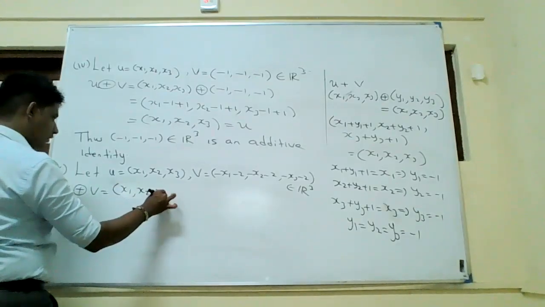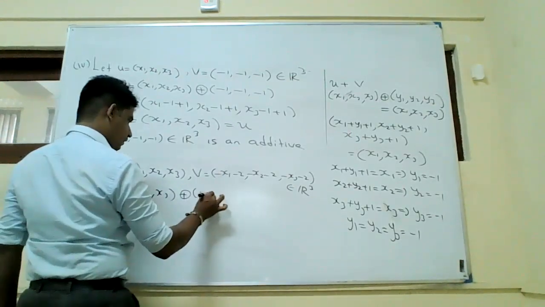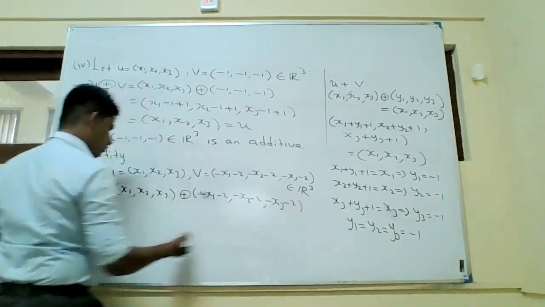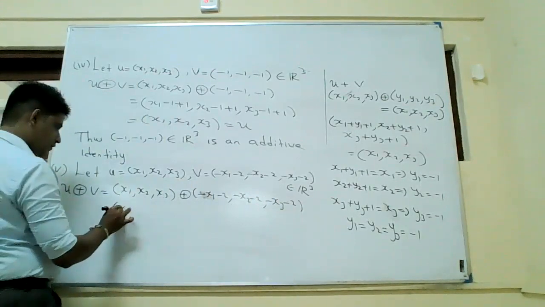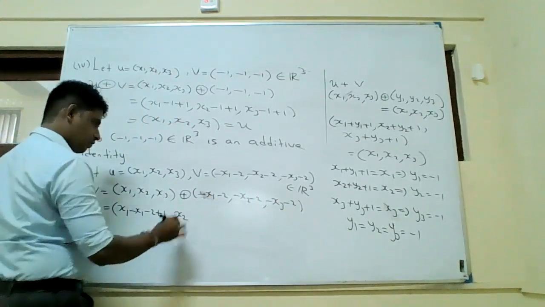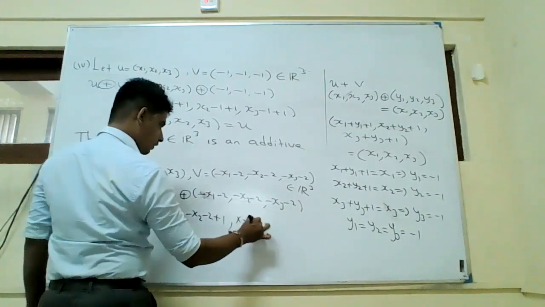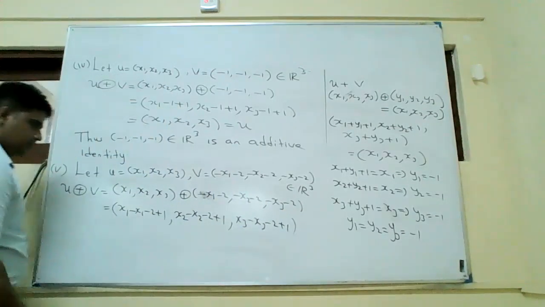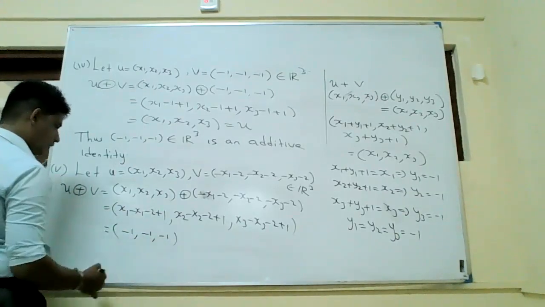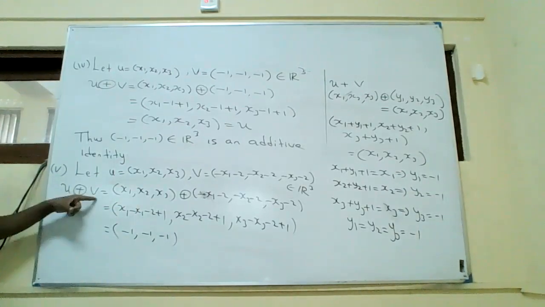Take (x1, x2, x3) and y1, where y1 is this one: -x1 - 2, -x2 - 2, -x3 - 2. Adding these two, you get x1 plus (-x1 - 2) plus 1, and so on, which gives -1, -1, -1. Because you get the identity, B is the inverse of U.